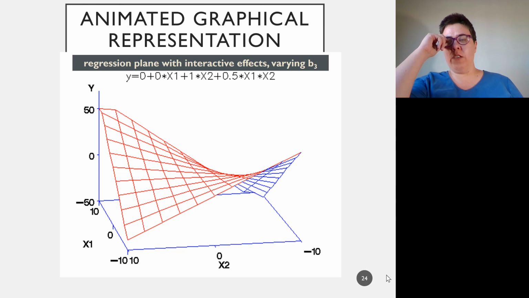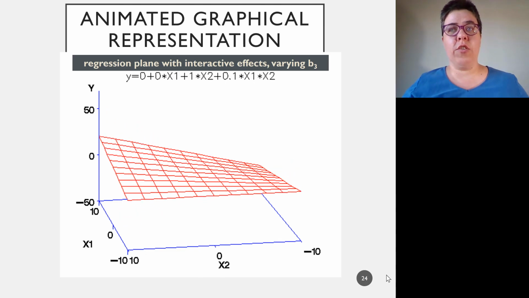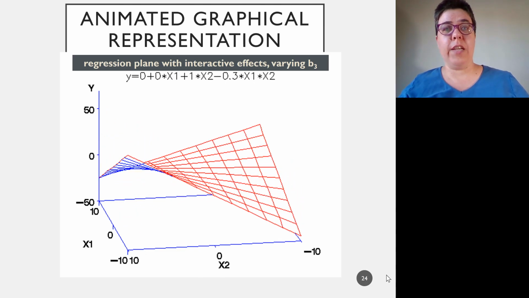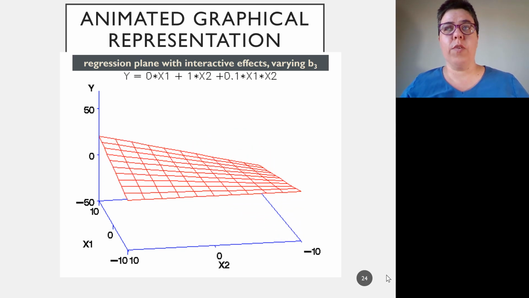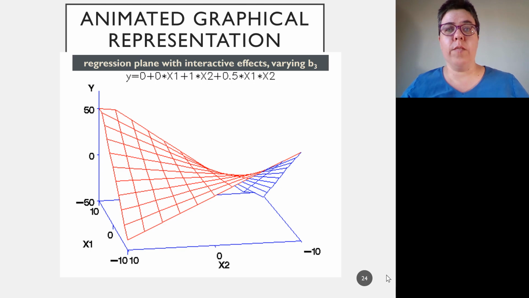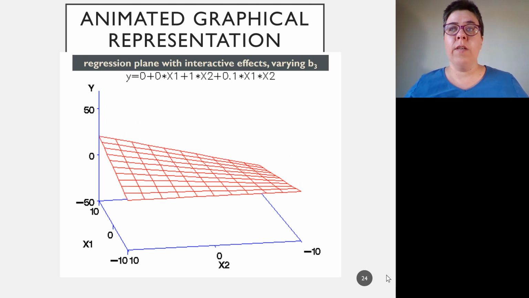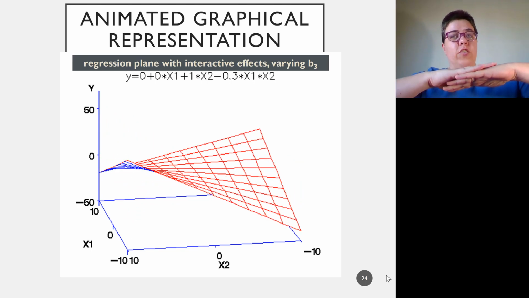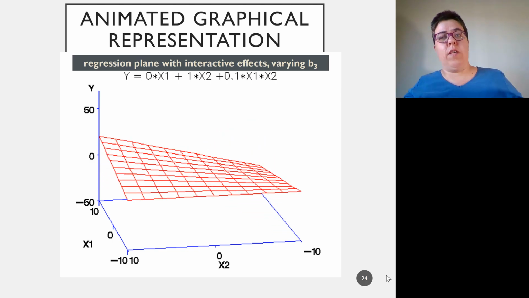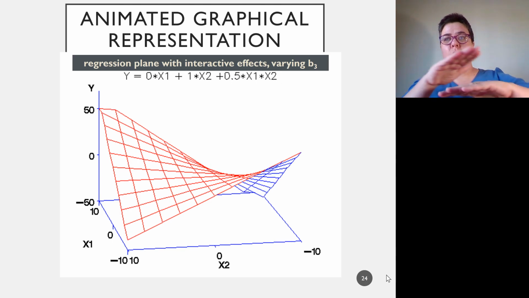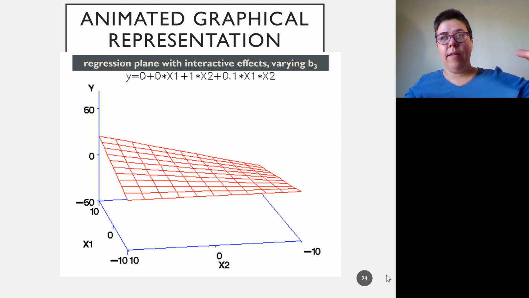But what I hope you'll see, if we just focus on the slope for x1, is that as the interaction term goes to 0 as a coefficient, meaning there's no interaction, then each IV's association with the DV is static across all the levels of the other moderator. So the regression plane is totally flat.